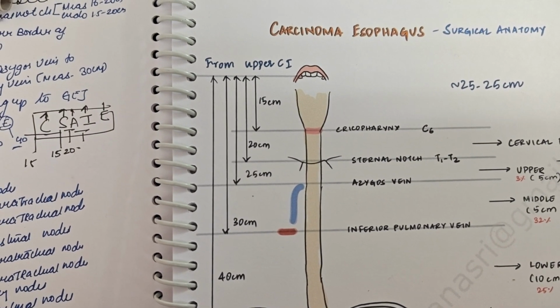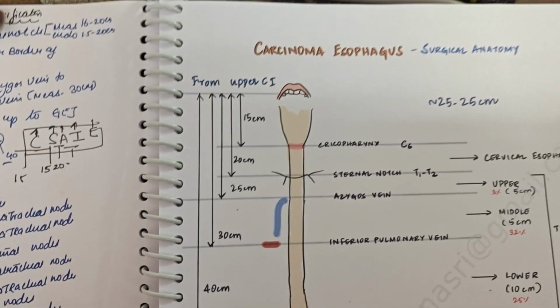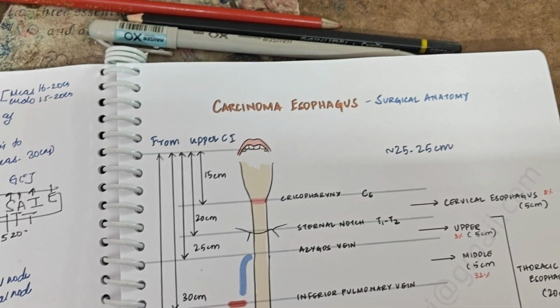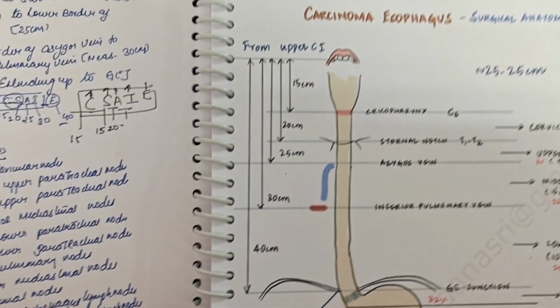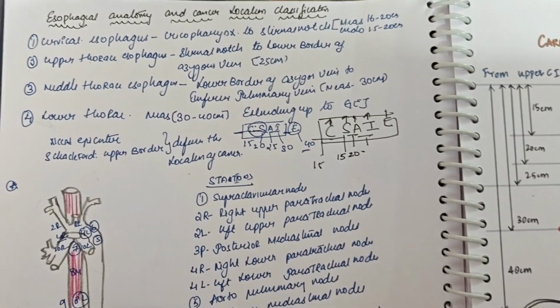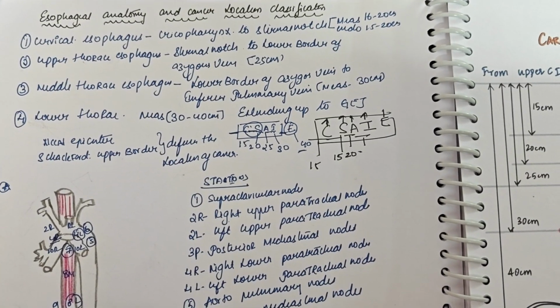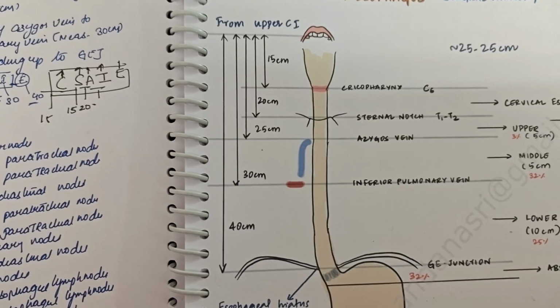One is surgical anatomy. Now, the esophagus is divided into four parts. The first is the cervical esophagus.